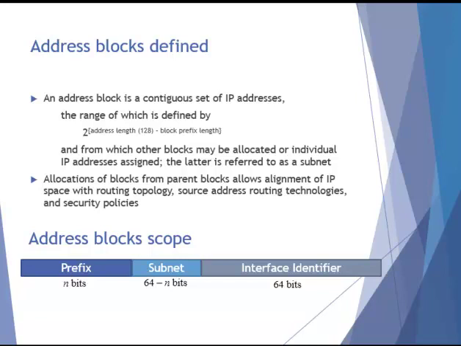So if we go with that limitation, we then have n bits on the prefix, and then 64 minus n bits at the subnet ID, and that's really the focus of what we're going to discuss here. So you basically get a prefix from your ISP or internet registry of a given size of n bits, and then you can take that down to a /64, which is going to be your subnet address.